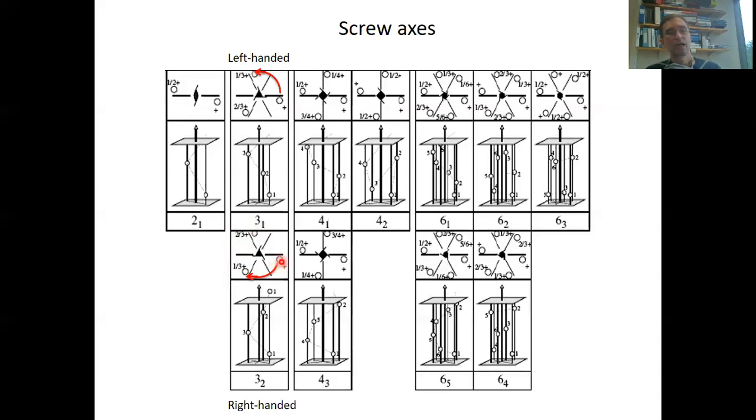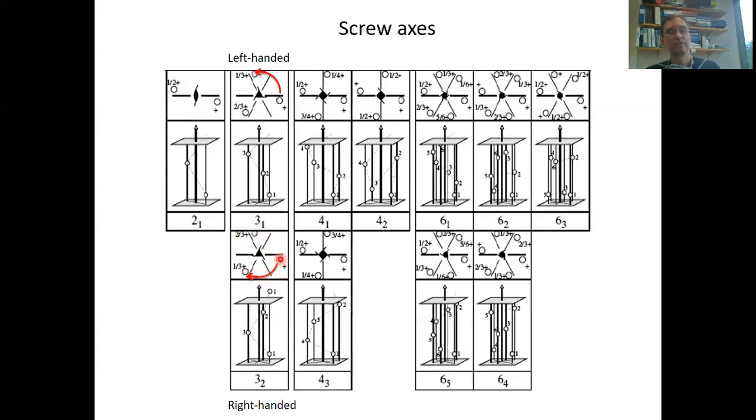Now, you can, however, view the produced object also a different way. You can say that rotation by 2/3 counterclockwise is the same as rotating by 1/3 in the opposite direction.